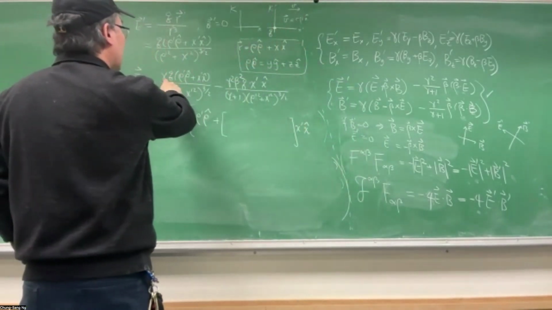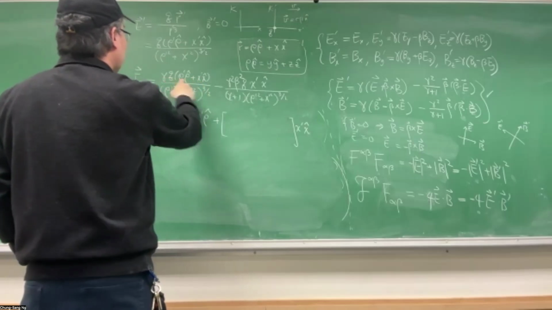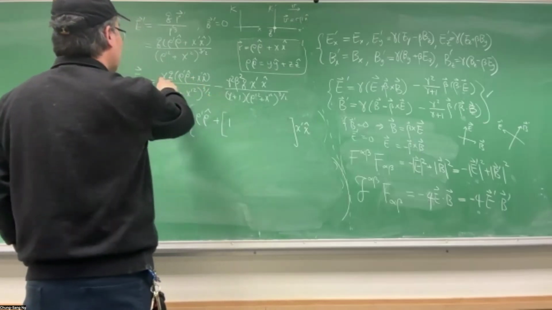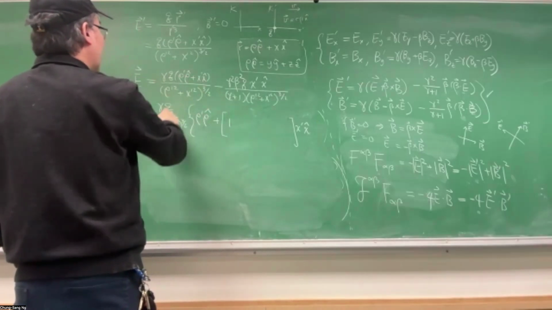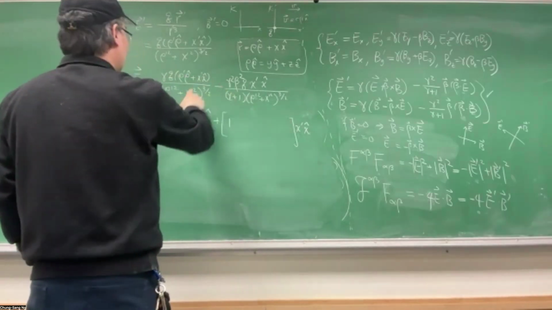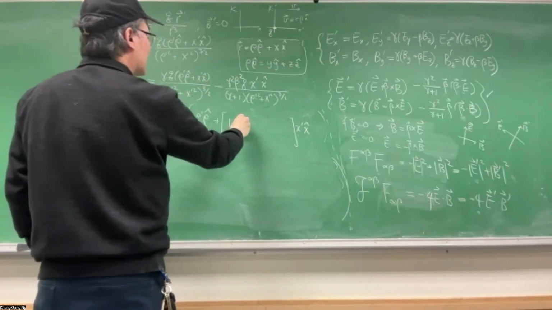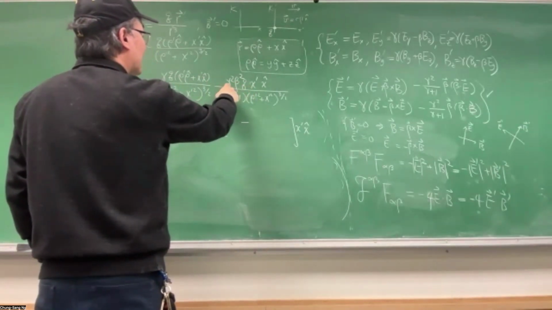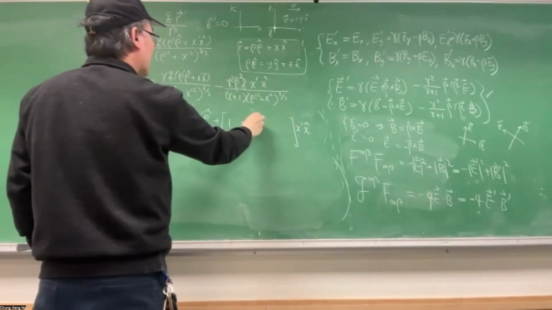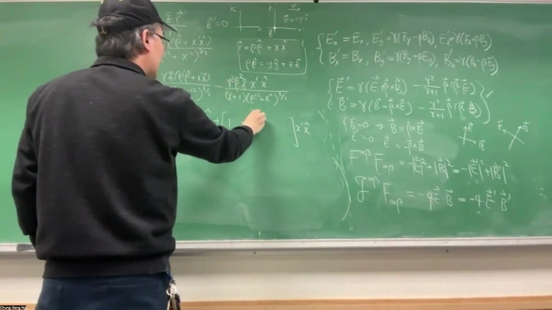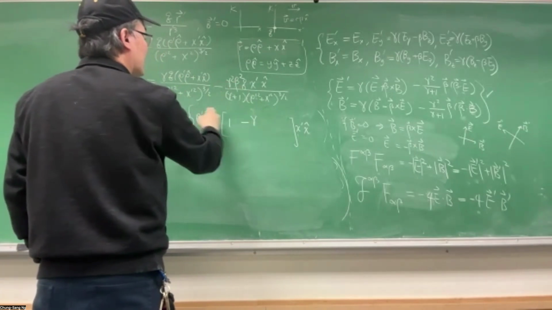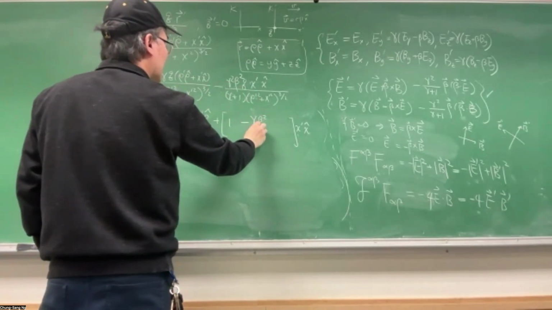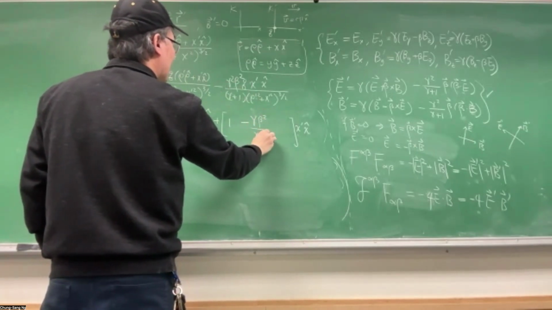So what we have here is the first one is just one. We have gamma Q all out, x prime, and all that out. The other is minus gamma. You take one gamma, you have beta squared, and then gamma minus gamma plus one.